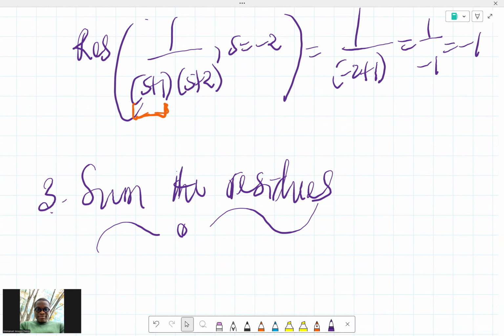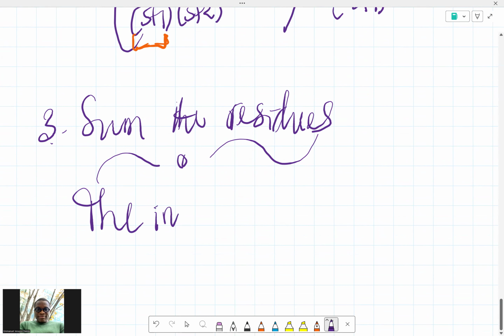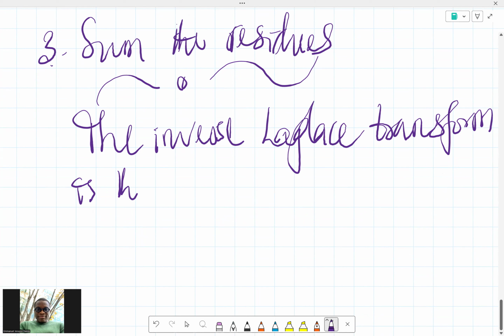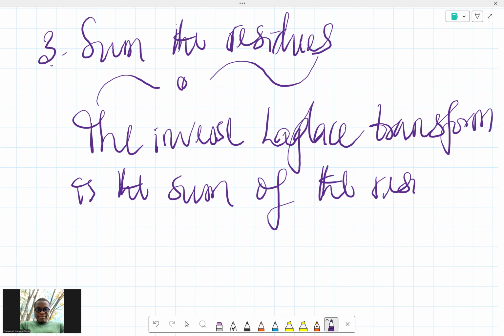The inverse Laplace transform is the sum of the residues. Here, if we sum the residues, that's going to give us 0.